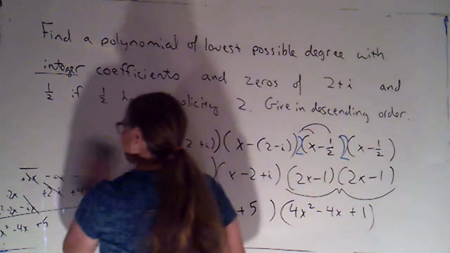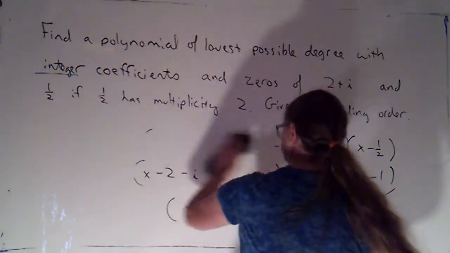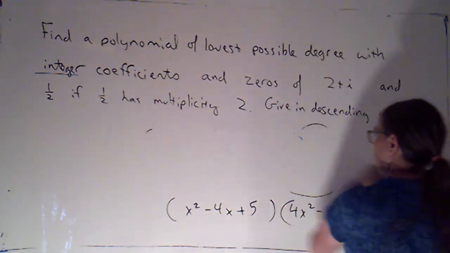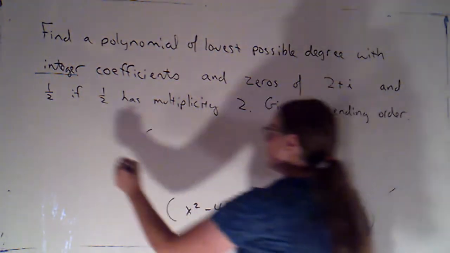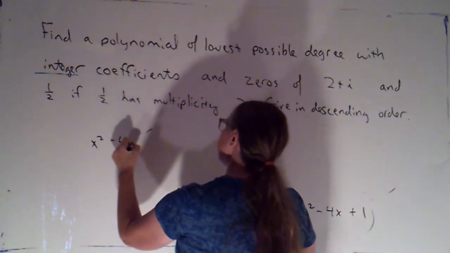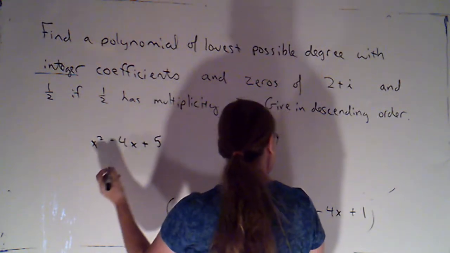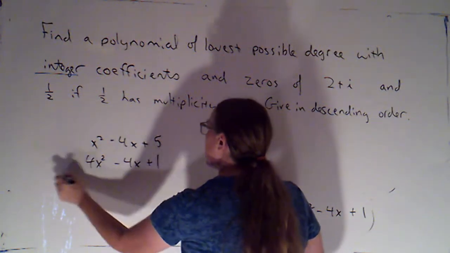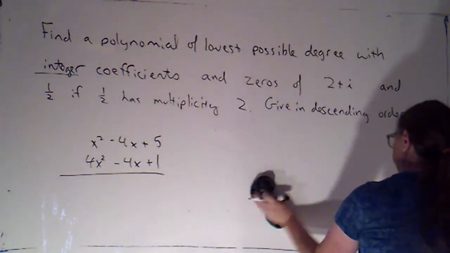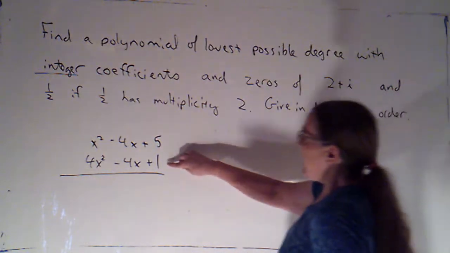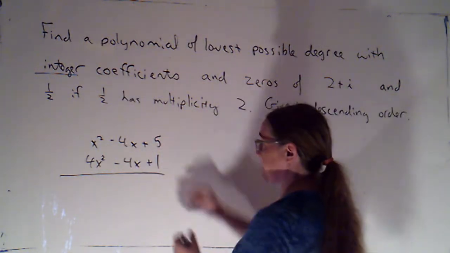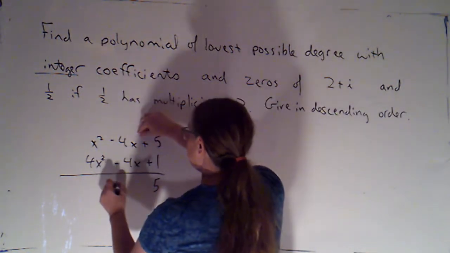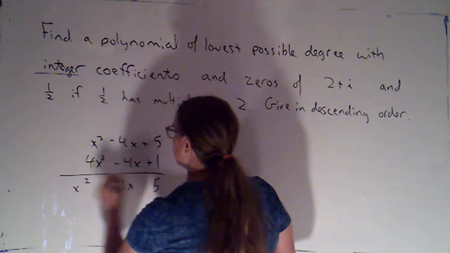Okay, so let me clear some space. We're going to multiply x squared minus 4x plus 5 times 4x squared minus 4x plus 1. And then I'm just going to distribute my 1 to each of these. So that's 5, negative 4x, x squared.